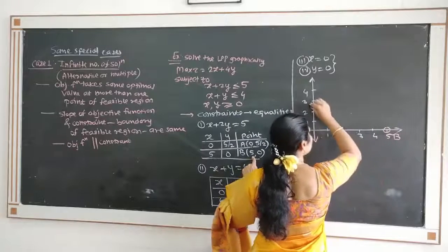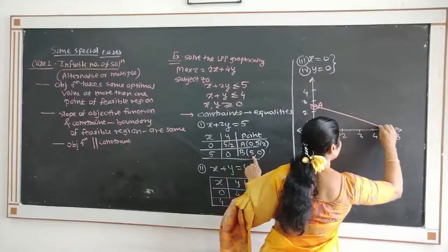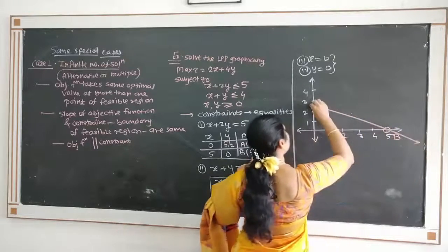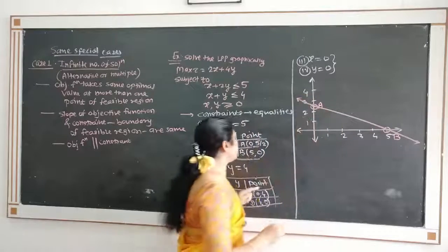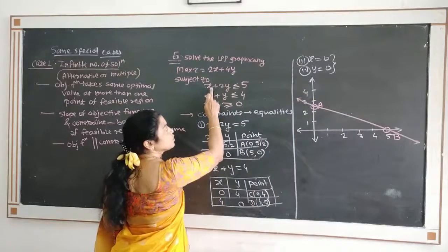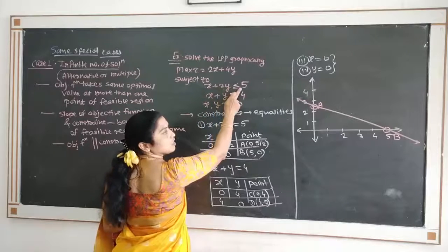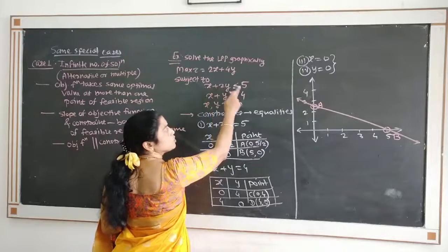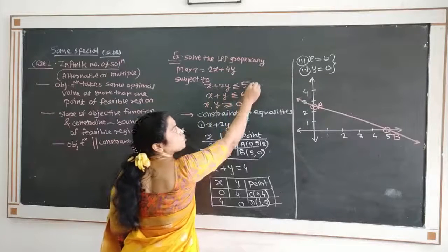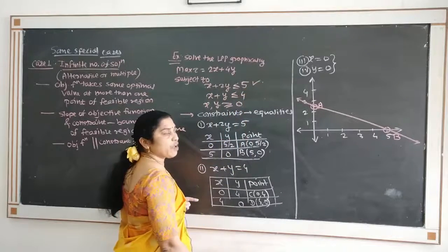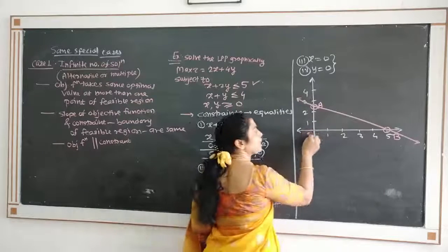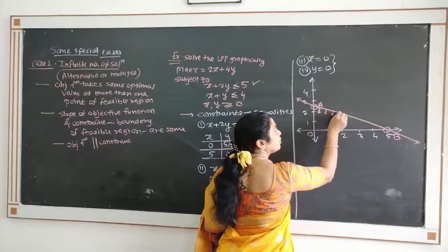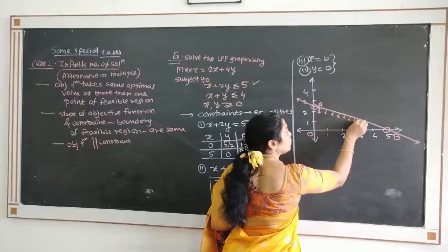So this is the first line AB. To get the valid region, substitute origin in this inequality. If you put x, y to be 0, 0, we get 0, which is less than 5, so the origin satisfies this inequality. So we want the origin side region, shown by arrows.